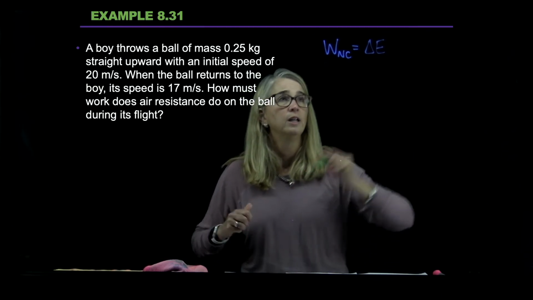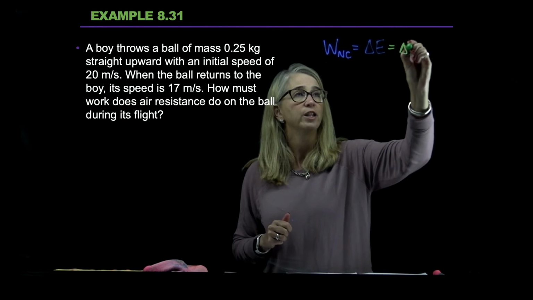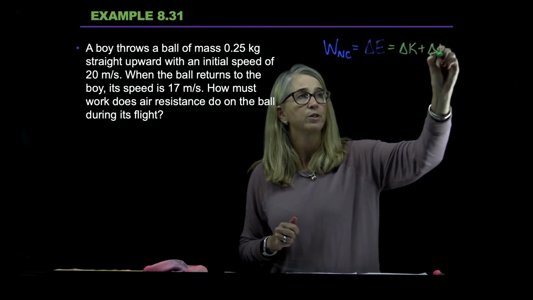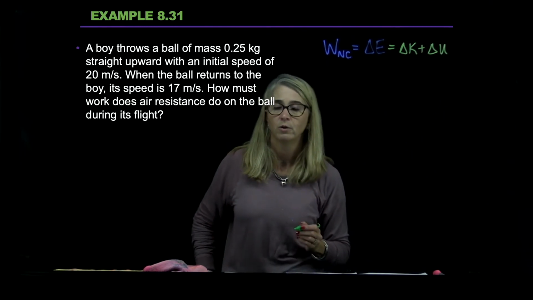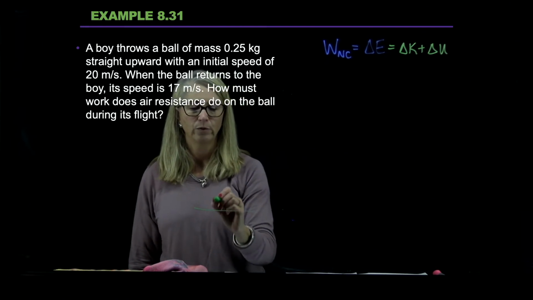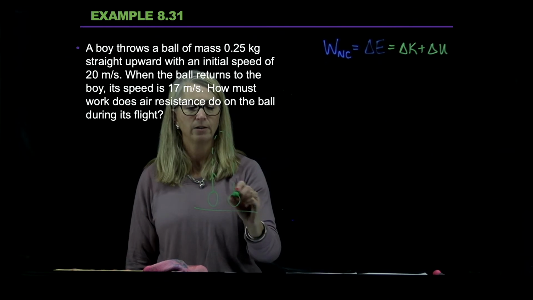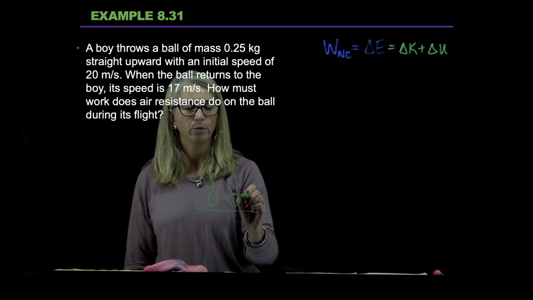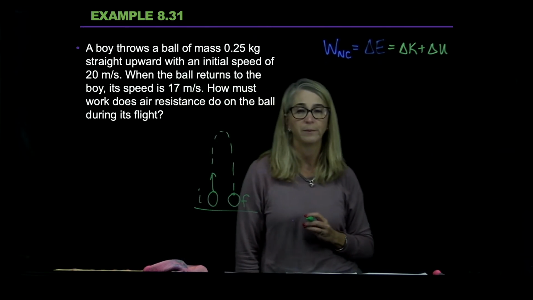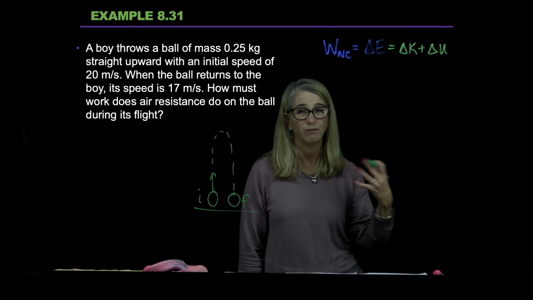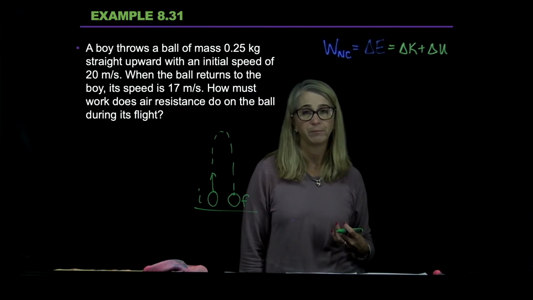This change in energy is the change in kinetic plus the change in potential. If we throw the ball up in the air, it goes up and comes back down, but this becomes our initial point and this becomes our final point, because the ball returns to where it was originally.